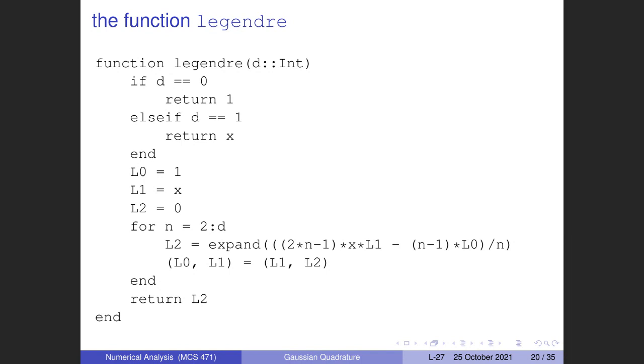So if you have a dictionary to store the entire table, then it can be done efficiently with lookup. Otherwise, the original 3-term recursion will give you an exponential cost if you do it naively. But the most efficient way to do this is via the simple iteration here. That will return one Legendre polynomial, the Legendre polynomial of degree d, but it will actually also compute a whole sequence of Legendre polynomials.